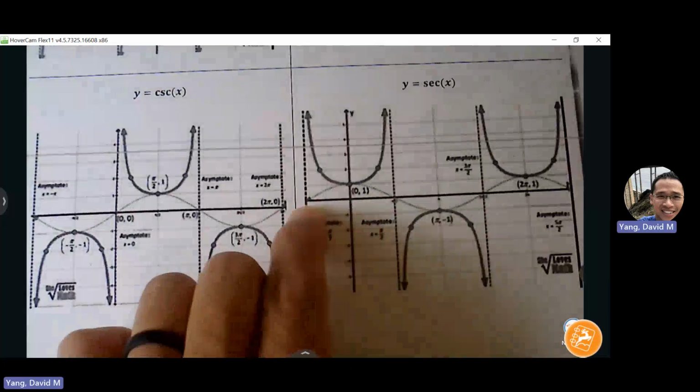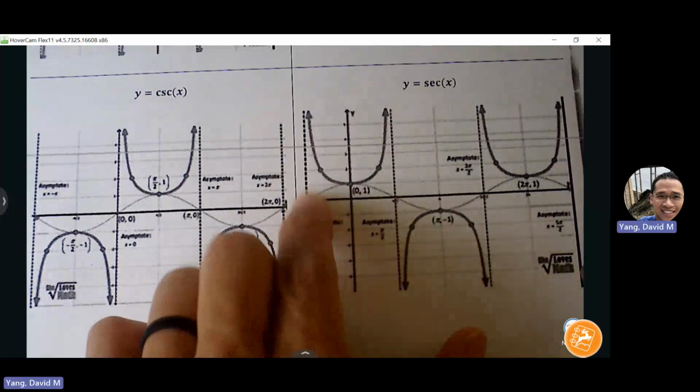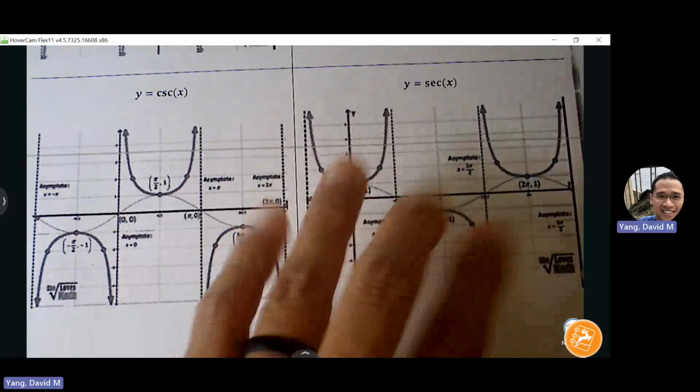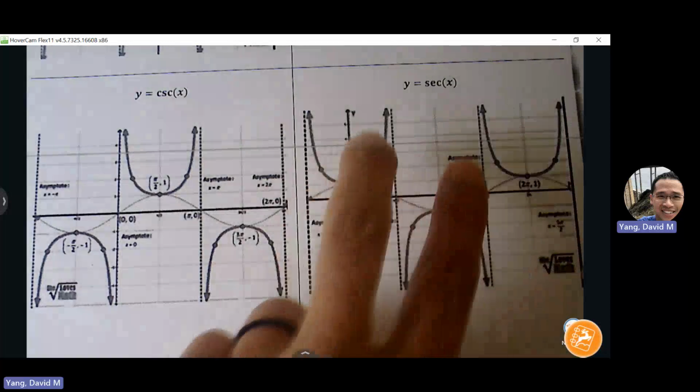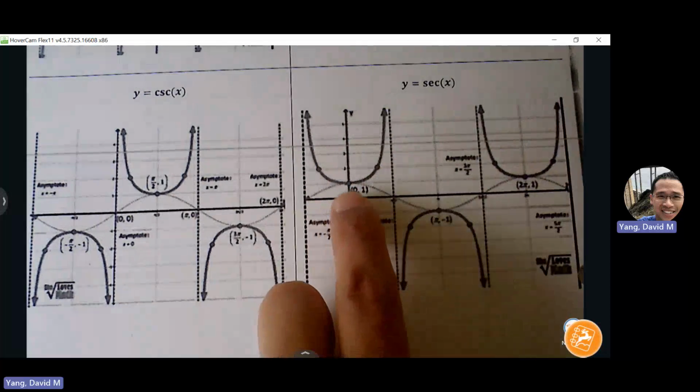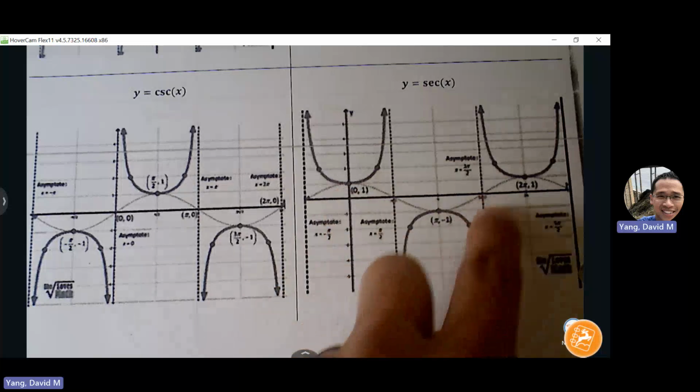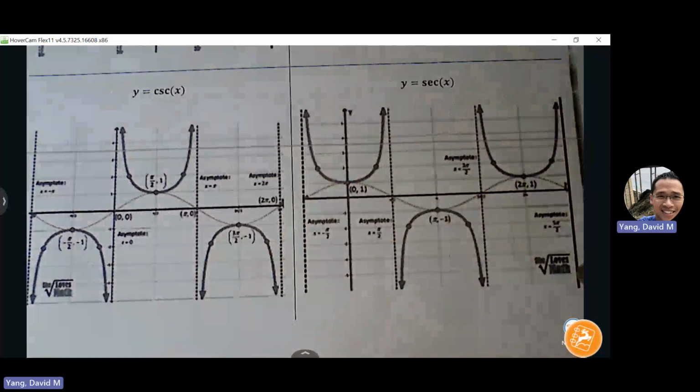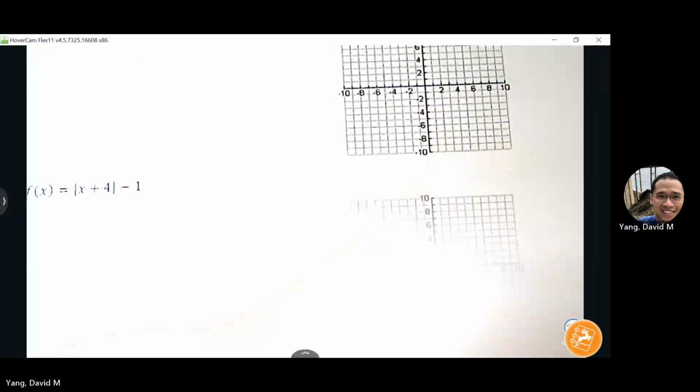Secant is the same idea: my cosine graph acts as a background to help me shape my secant graph. Wherever my cosine hits 0, I can drop a vertical asymptote, and wherever there's a peak and valley of my cosine, we see these parabolas. Okay.